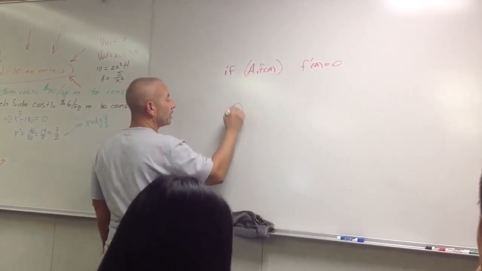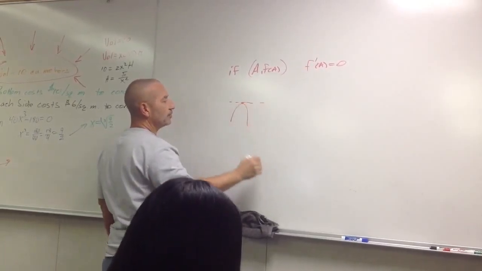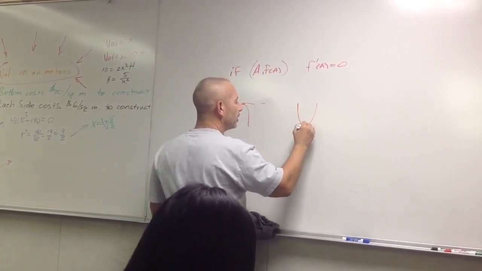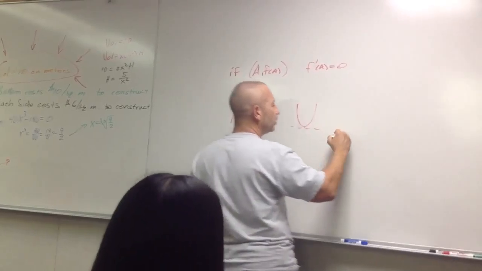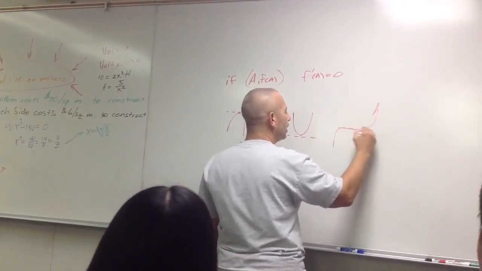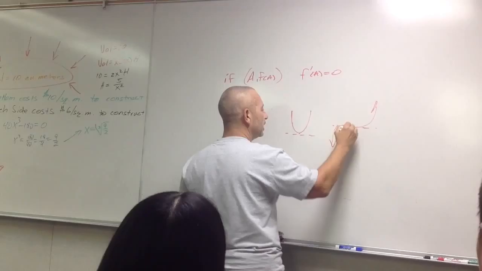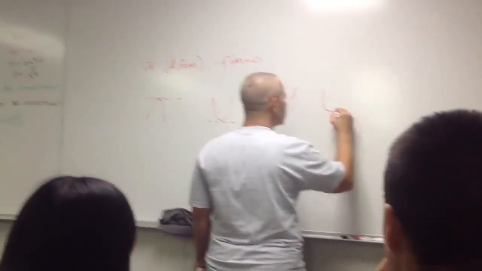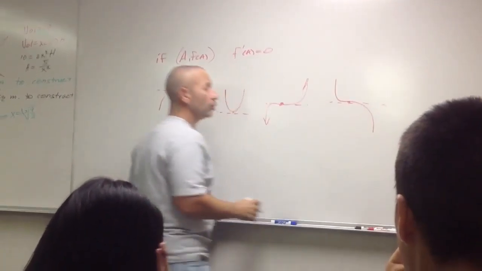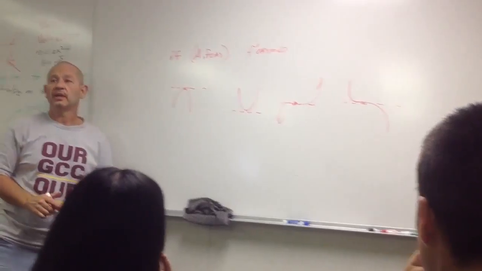Well, it either looks like this at a comma f of a, or this, or this, or this. Those are the only 4 things it can look like.